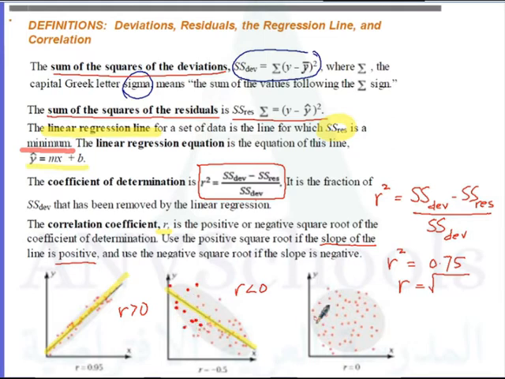But in this case, it's totally circular. So R is equal to 0, meaning the correlation coefficient is 0. There is no correlation at all, because it could be like that or like that on the other side. But it's pretty circular.